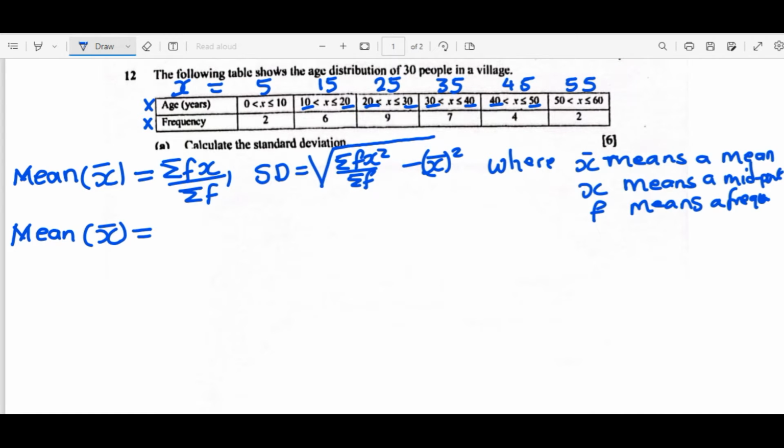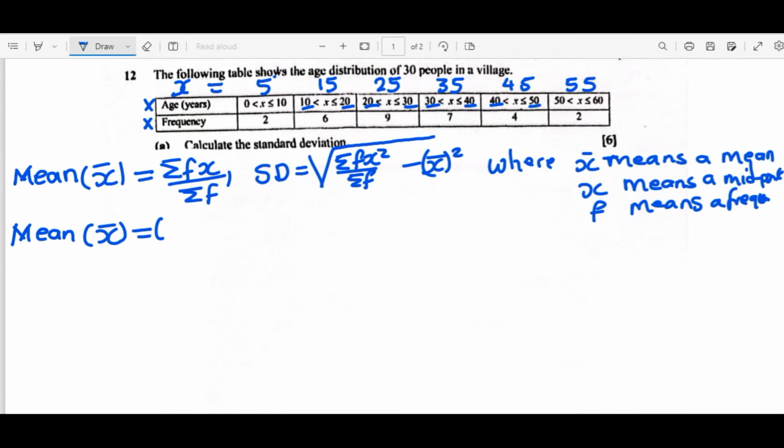So the mean will be where we want the summation of f of x. This 2 is the frequency, we multiply by the 5 on top. That's the procedure.